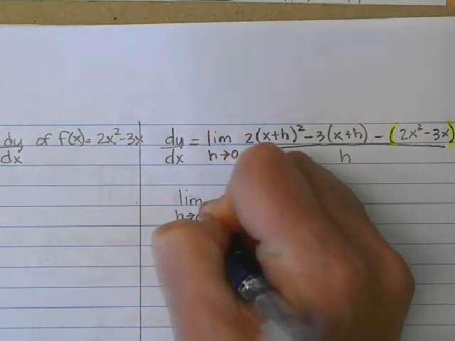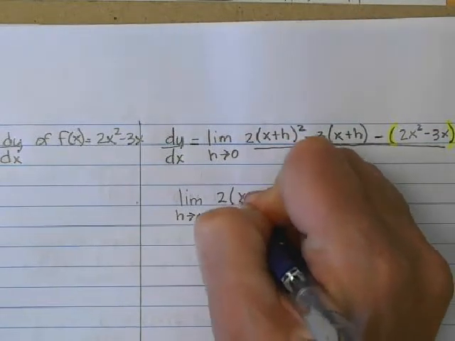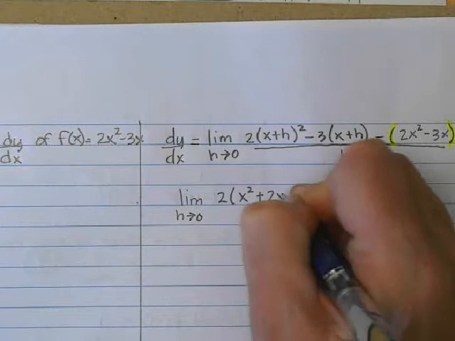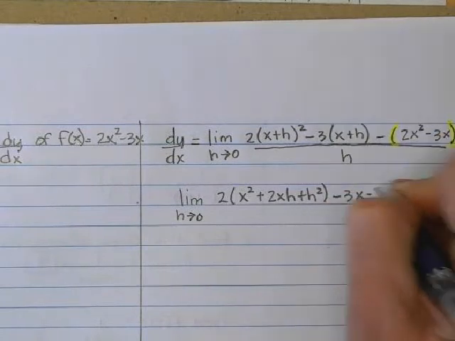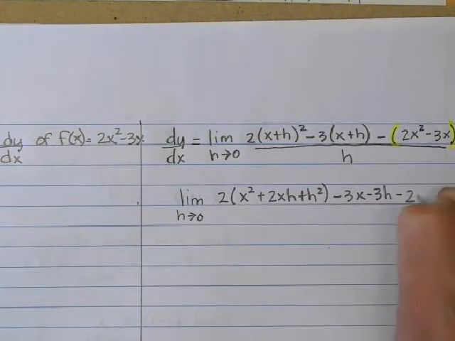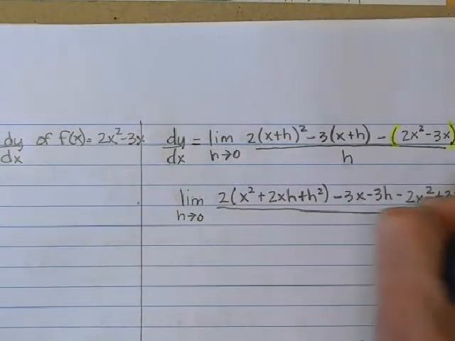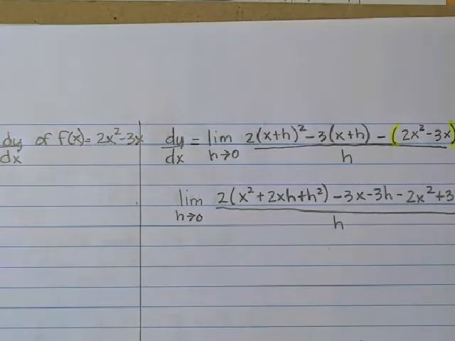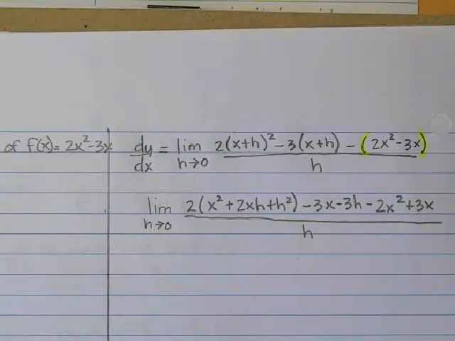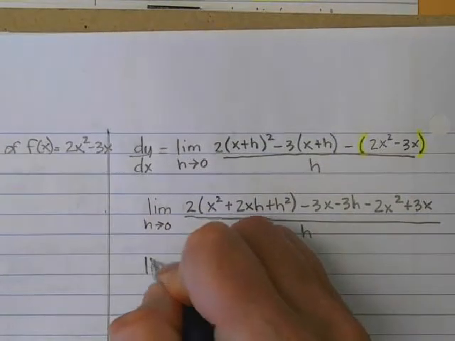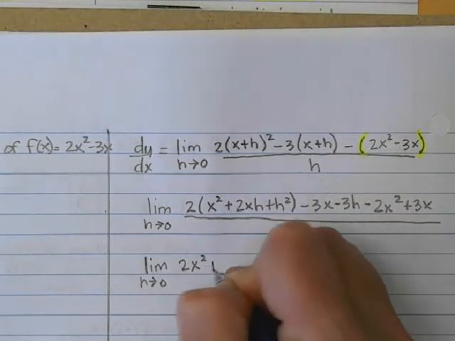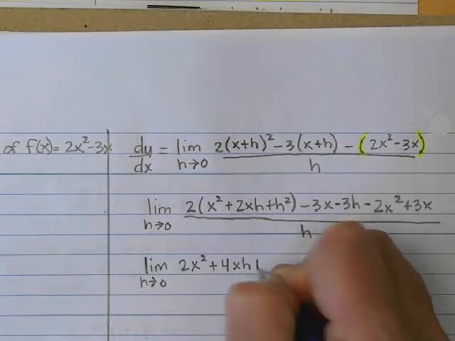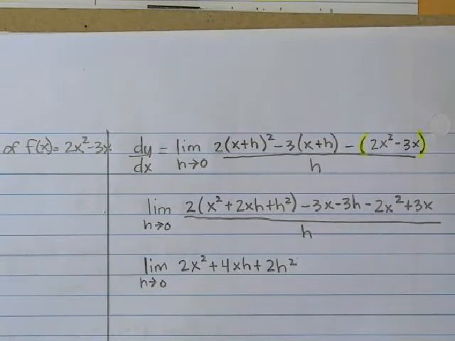Okay, so let's clean this up. Well, this is going to be x squared. Don't forget, we're squaring a binomial. So that is the limit of x squared plus 4xh plus 2h squared minus 3h minus 2x squared.